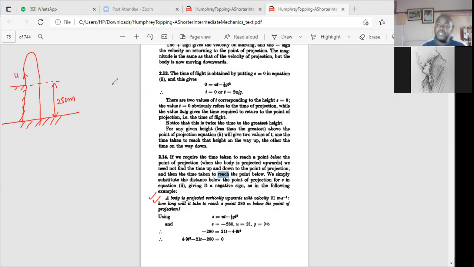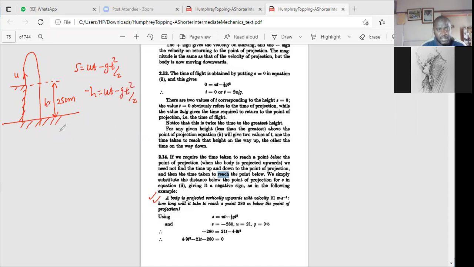Remember, when a body goes below the point of projection, the height it covers is negative. So if this is the h, it will be a negative h. From s equals ut minus gt squared over 2, negative h equals ut minus gt squared over 2.